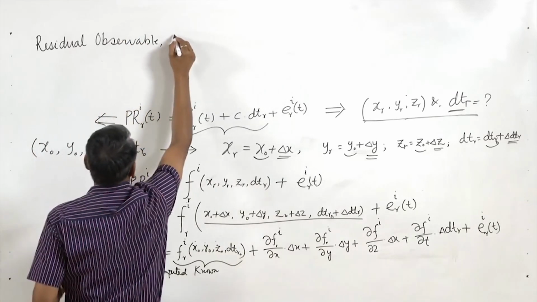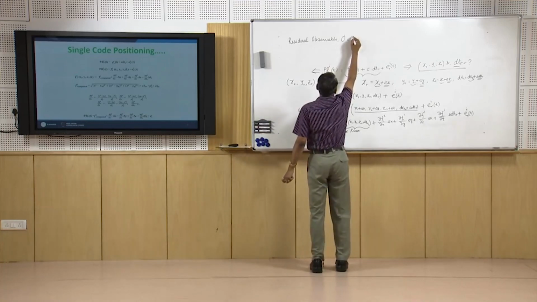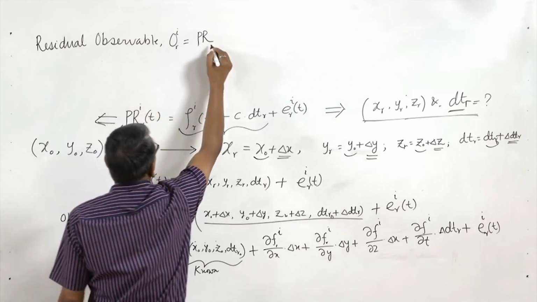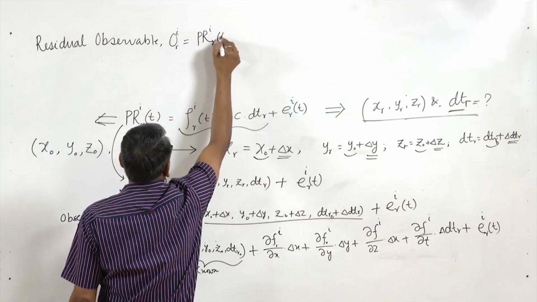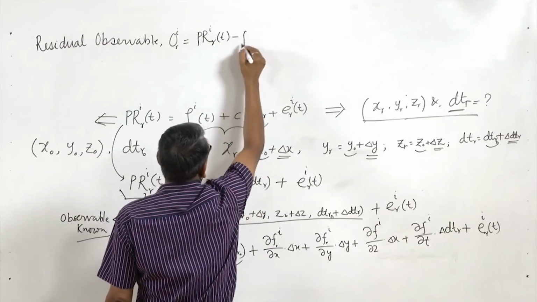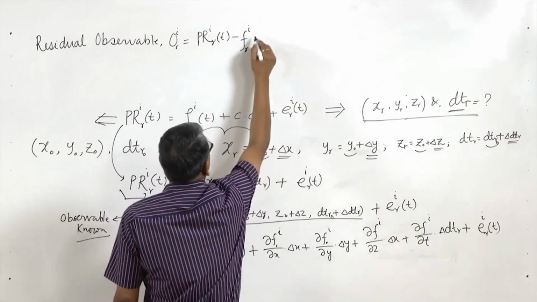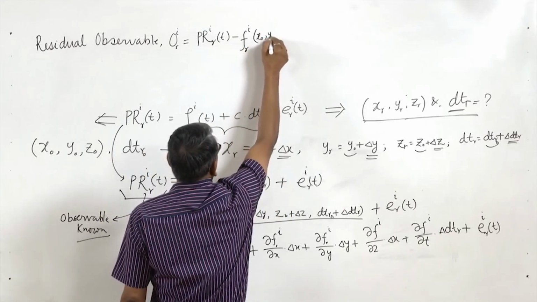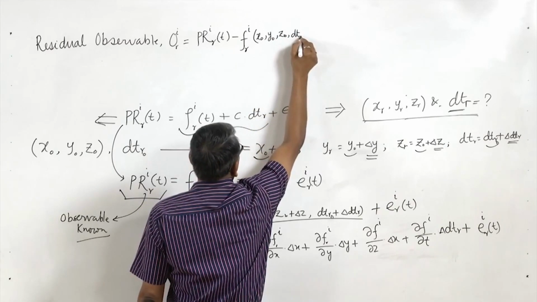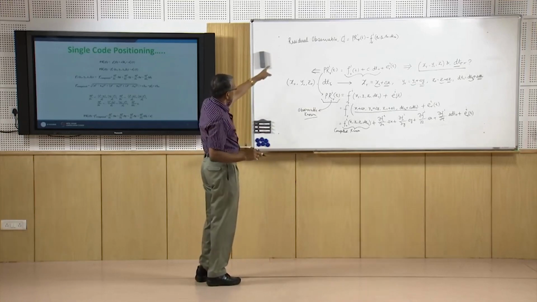Suppose O_i is equal to P_i^R(t) minus the function at zero. So this is the residual observable.